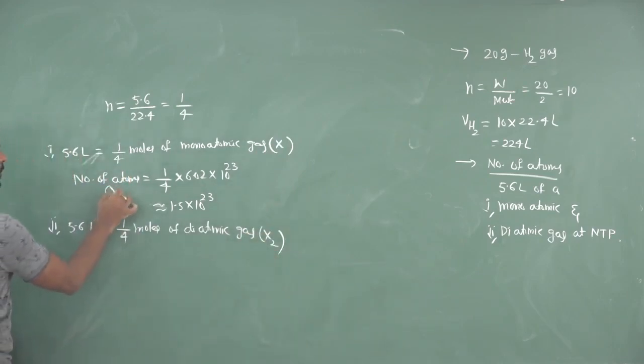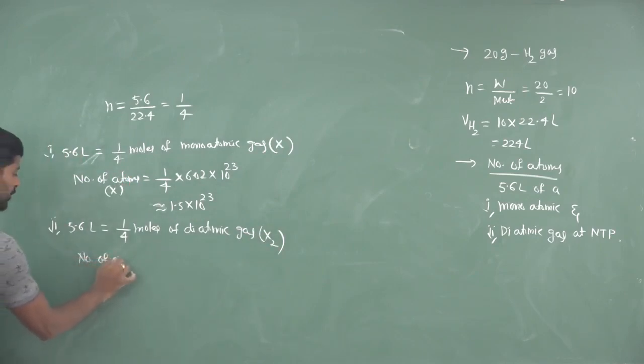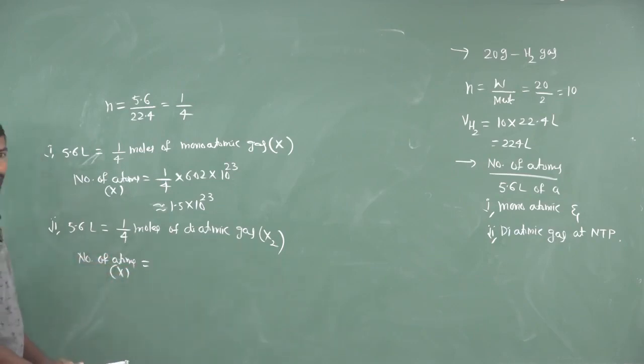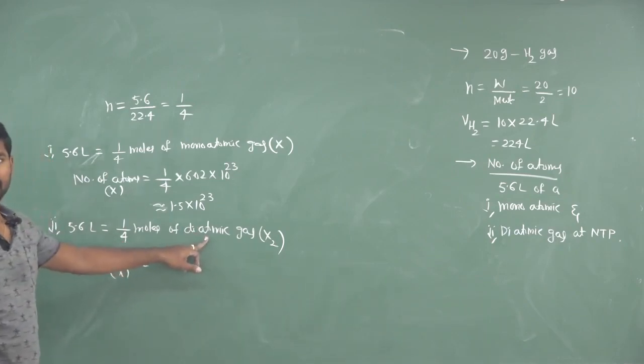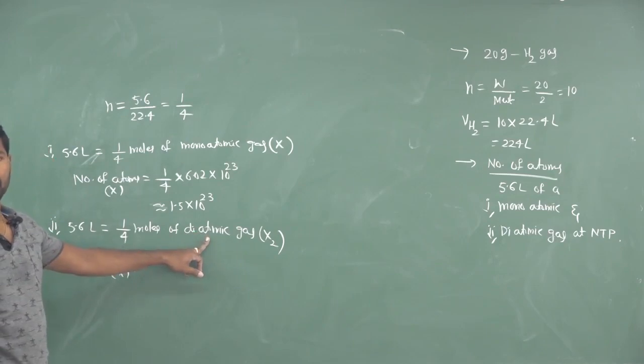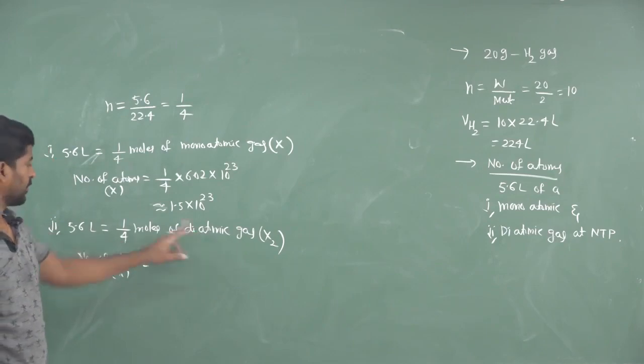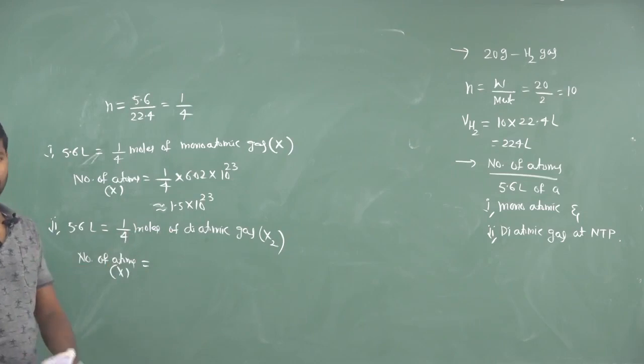Here number of atoms means X. In each diatomic molecule how many X atoms are there? 2 X atoms are there. So we have to multiply with 2.